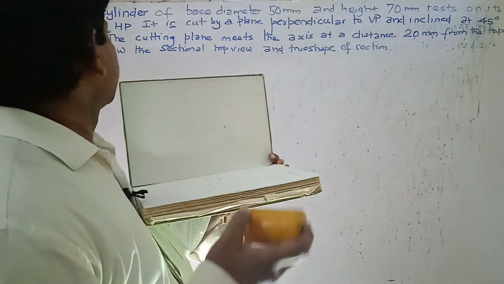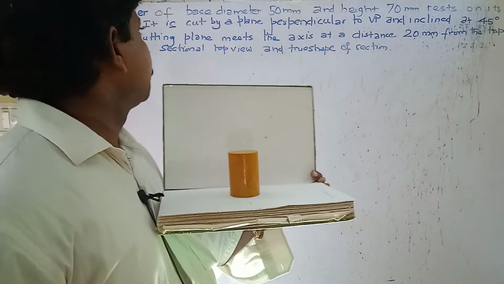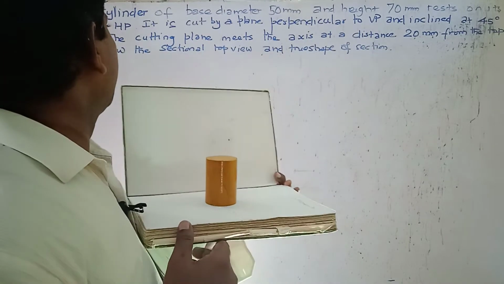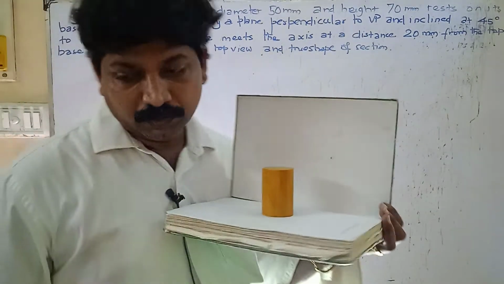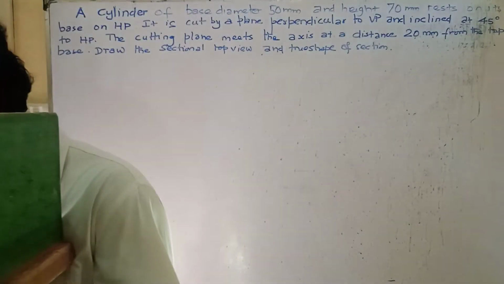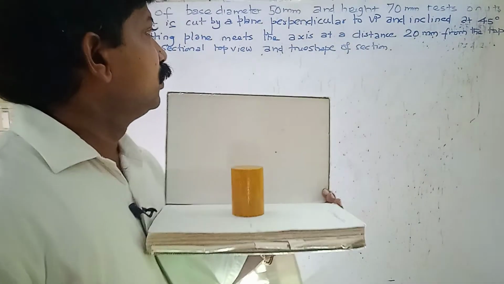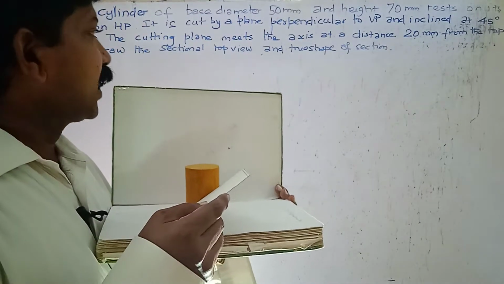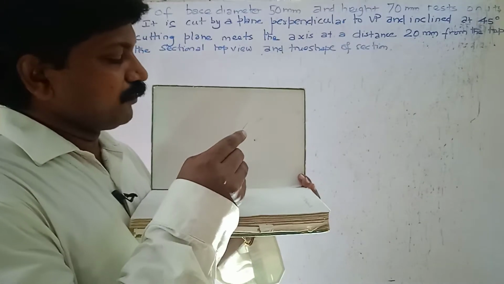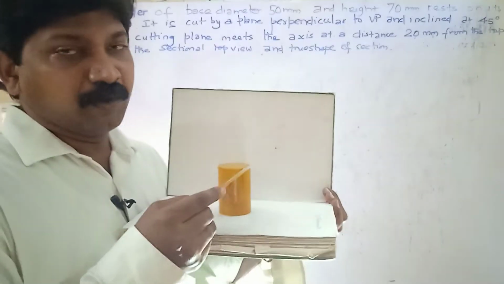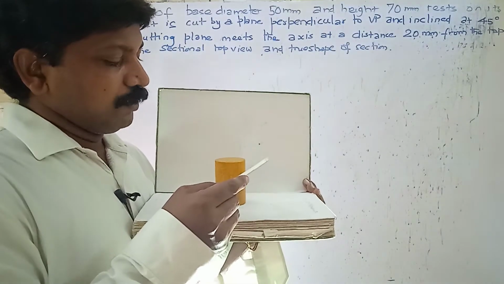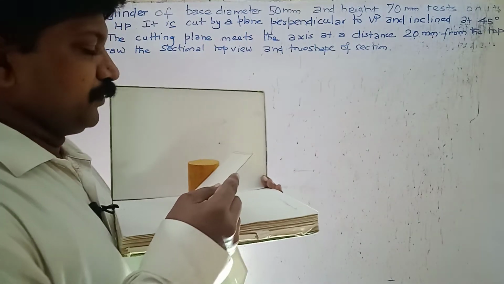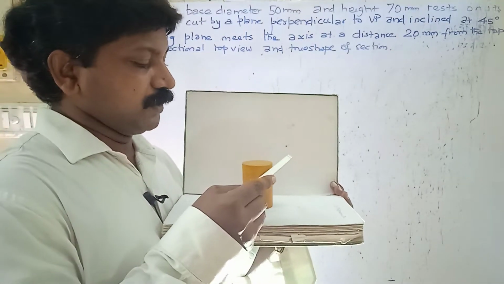Resting on its base on HP, it is cut by a plane perpendicular to VP and inclined at 45 degrees to HP. The cutting plane meets the axis at a distance 20 mm from the top base.